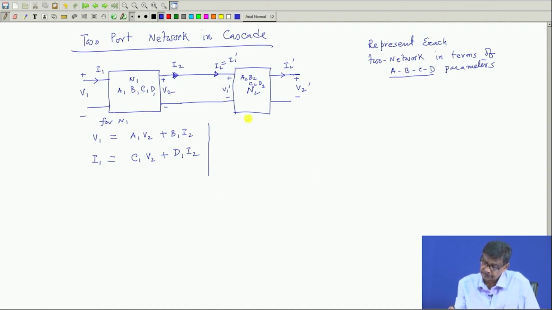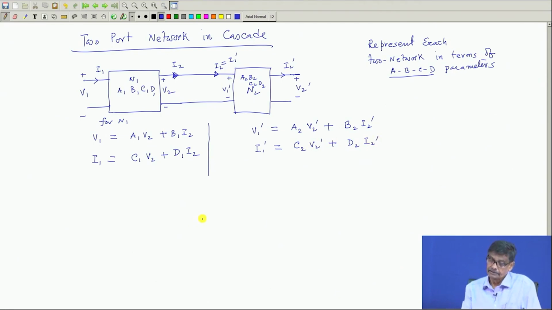Therefore, for this network the relationship will be V1 dashed is equal to A2 into V2 dashed plus B2 into I2 dashed. And in the second equation, I1 dashed is equal to C2 V2 dashed plus D2 I2 dashed.